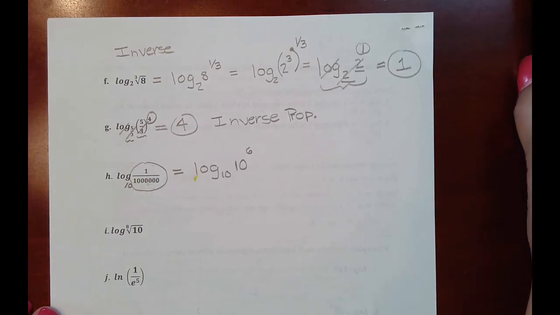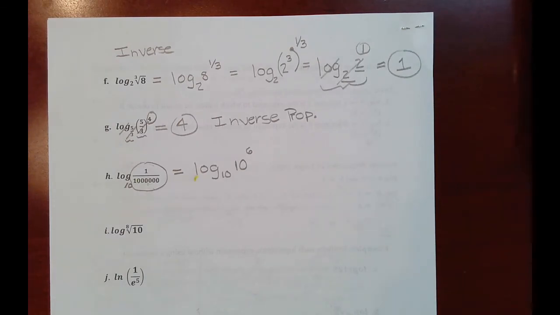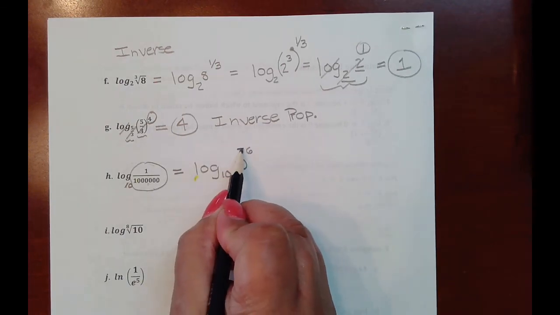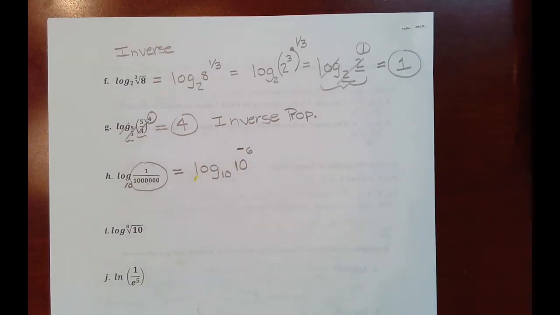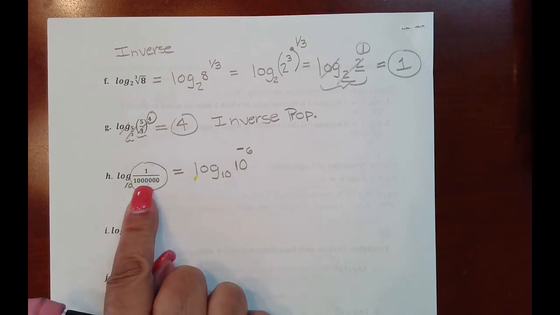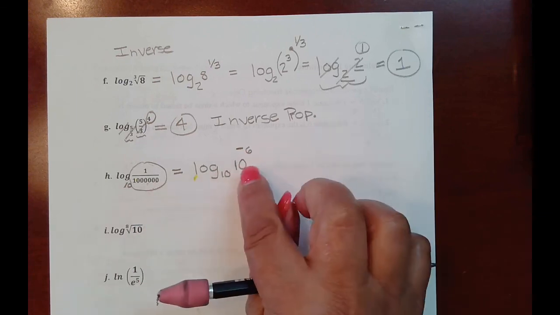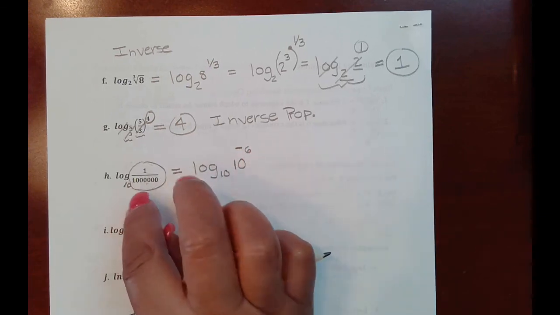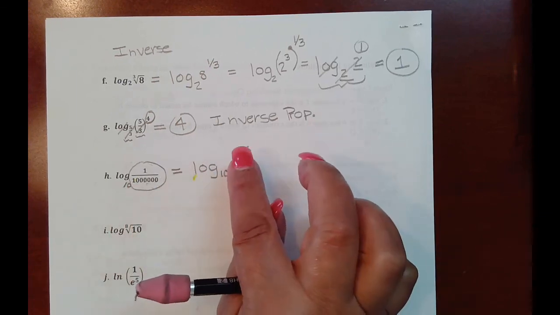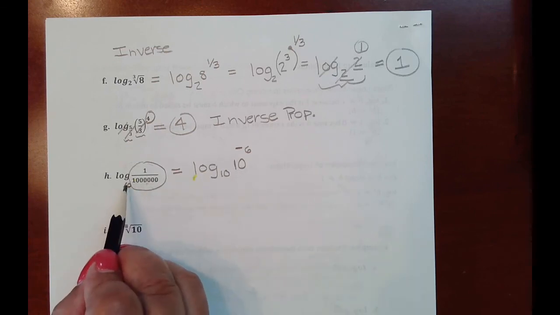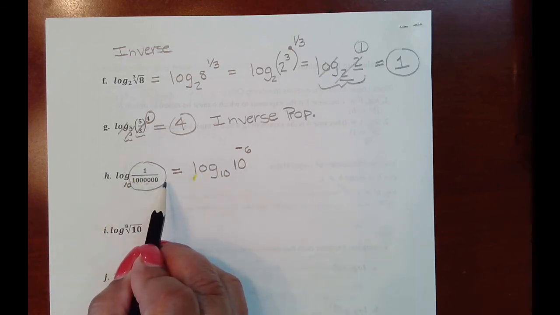But when the number is occurring in the denominator, we keep going over the fact that things that are occurring in the denominator can be expressed when you're putting them in exponential form using a negative exponent. So if this would have just been a number that started with a 1 and had 6 zeros on it, then it would have just been 10 to the 6. But because it's happening in the bottom, it's 10 to the negative 6, that number that starts with 1 and has 6 zeros on it.